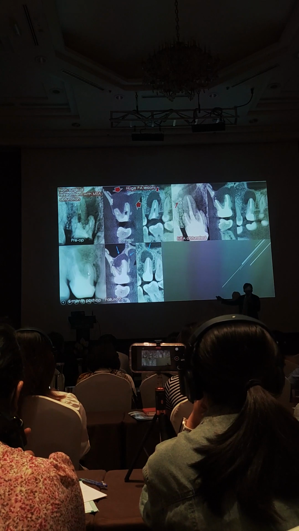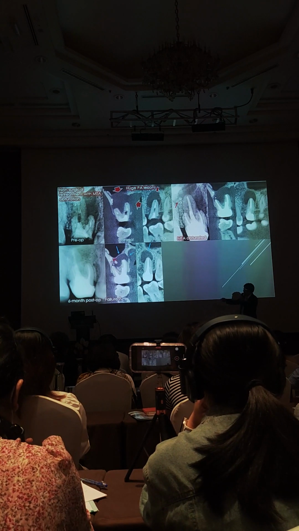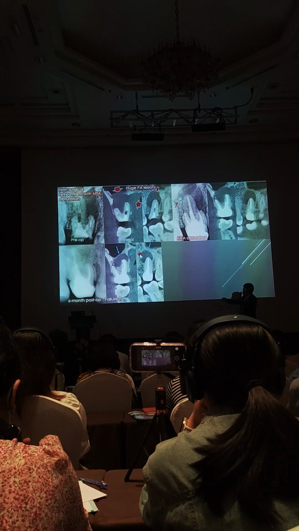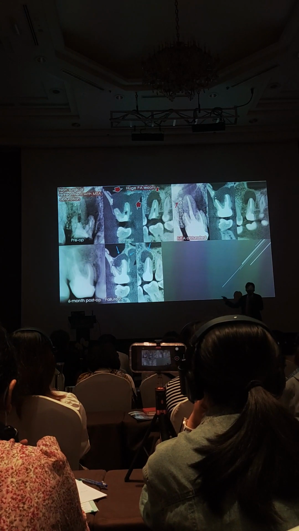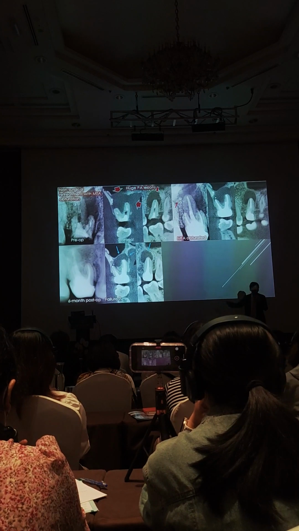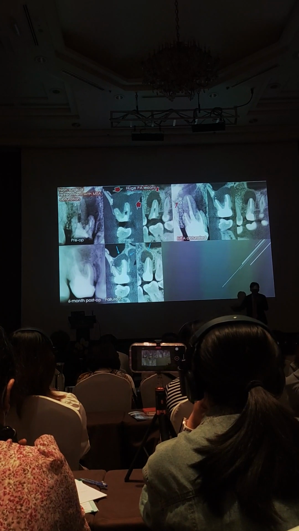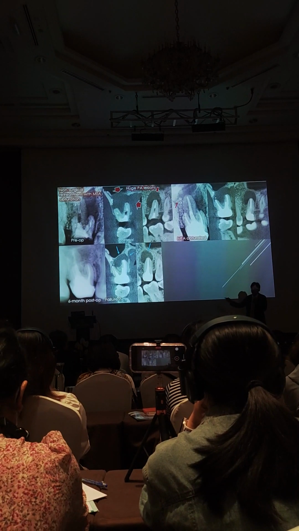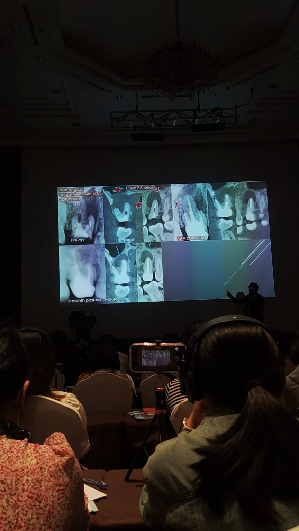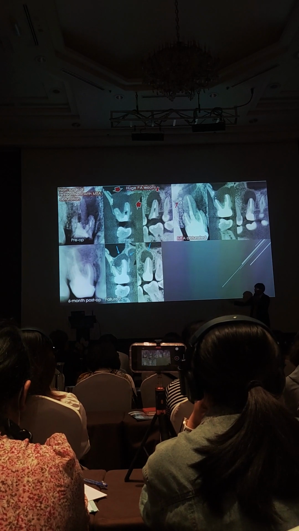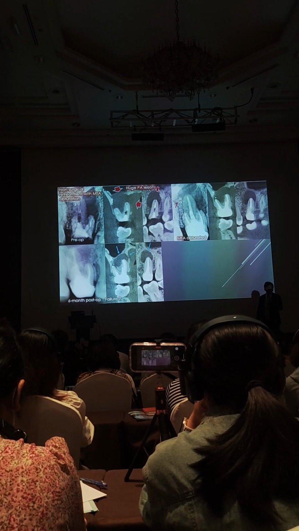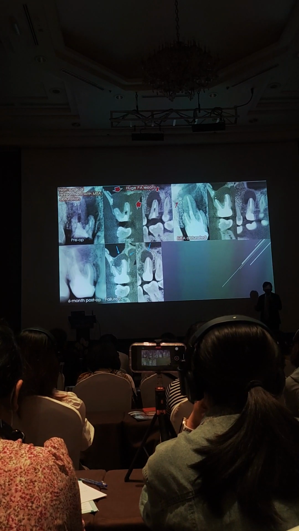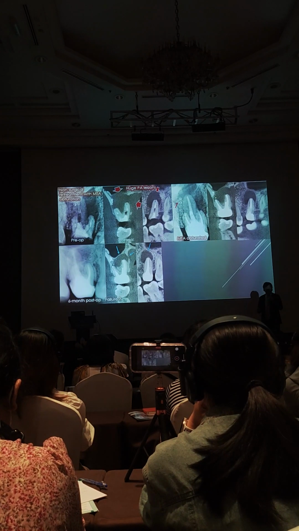Would you do the surgery at this stage? Because you see a big lesion. If this patient went to another dentist just for consultation, maybe that dentist would do the surgery because the lesion size is still big. So that's why you have to have a good discussion with the patient before you perform the retreatment.